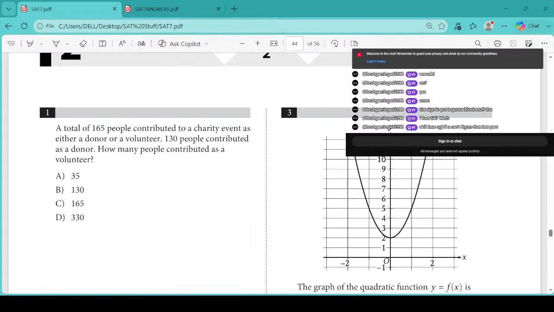So the goal here is for you guys to learn the approach to solving difficult questions on the SAT, because a lot of SAT resources focus on teaching theory, rules, concepts, and all of that stuff. Most students already know the theory, so what we are going to be focusing on is the approach to the questions.